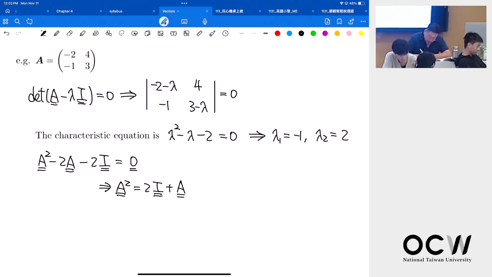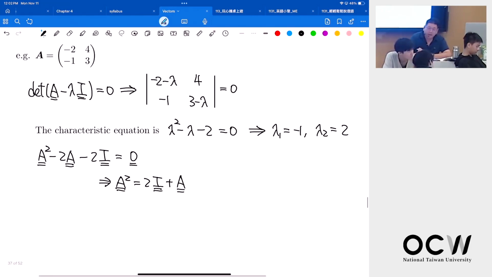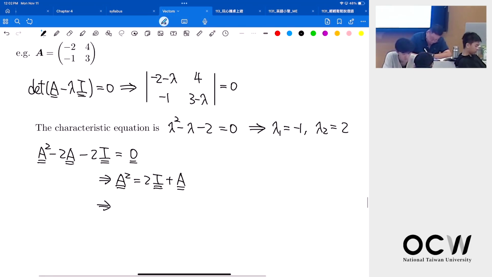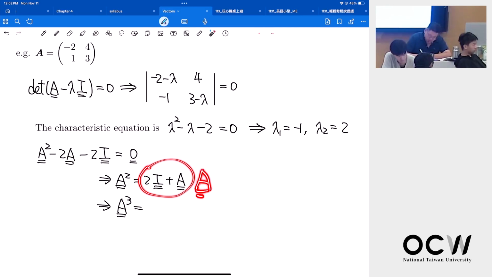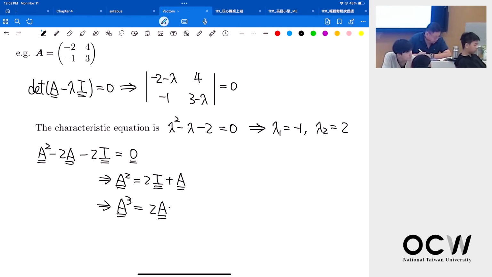Now you can find A cube, A to the 4th. A cube will be this times A, so I will get 2A plus A squared. And what is A squared?